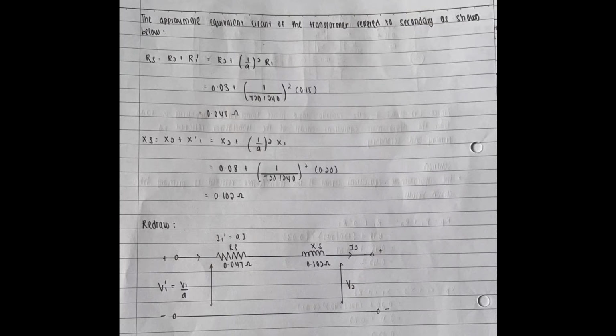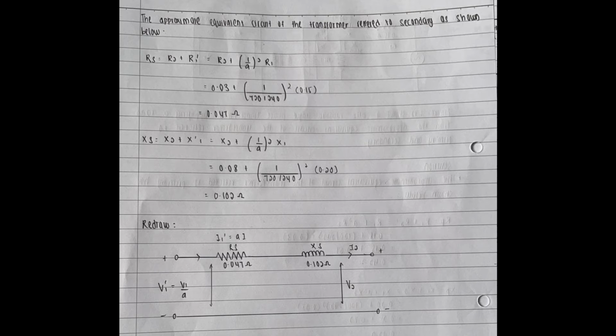The approximate equivalent circuit of the transformer referred to the secondary is shown below. Rs equals R2 plus R1 prime. So R2 plus 1 over a squared times R1.